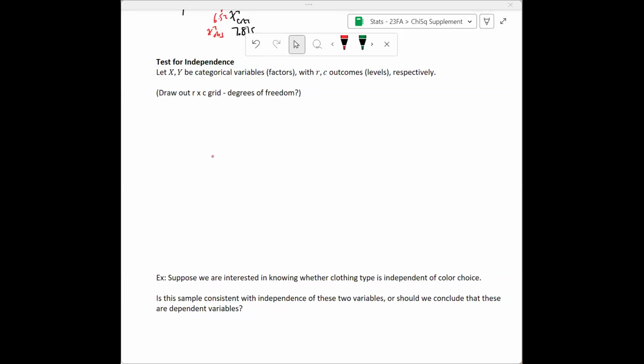So let's let X and Y be two variables, or sometimes these are called factors. And suppose that they have R and C outcomes, or sometimes these are called levels. Unfortunately, when we get into some of these tests or ANOVA, there's different wording used for different pieces of the analysis.